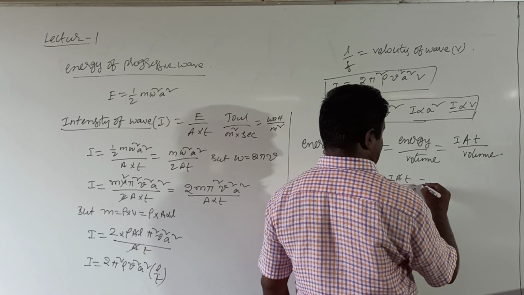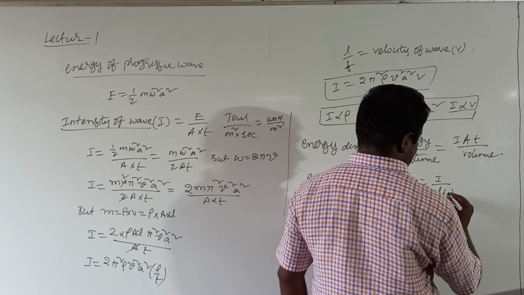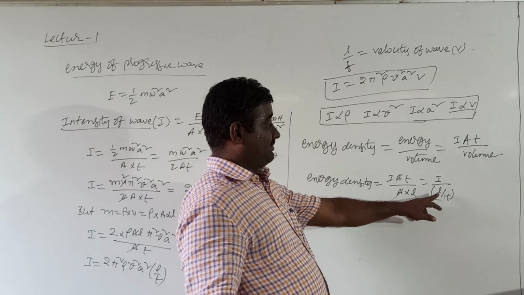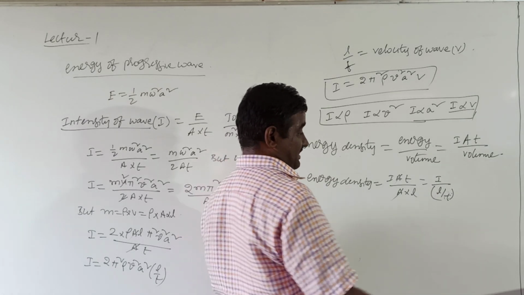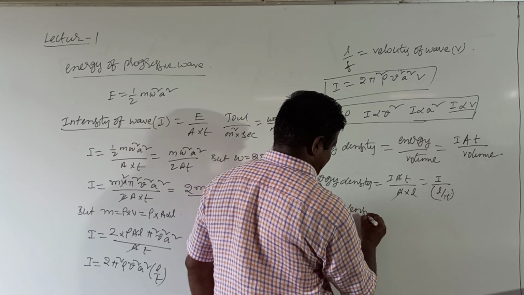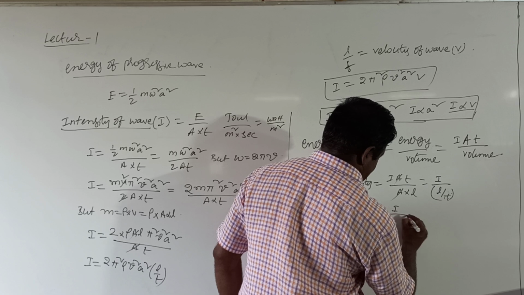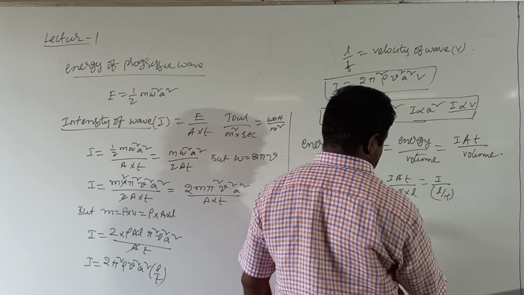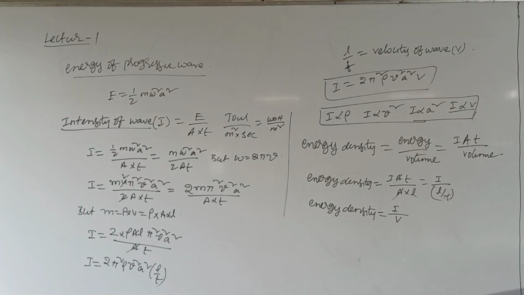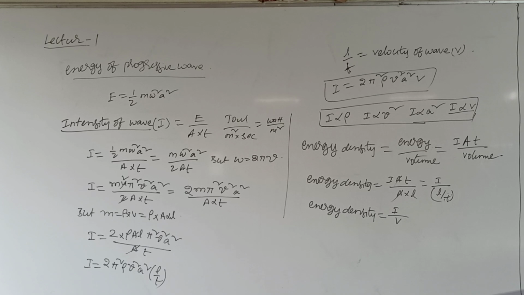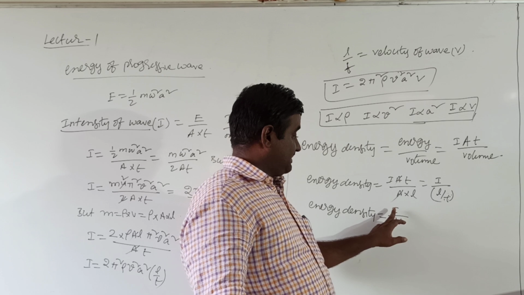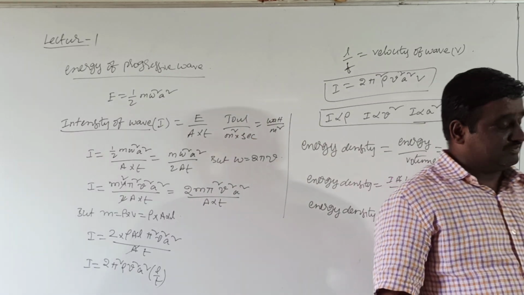Area gets cancelled, then I into t by L. L by t is nothing but the distance traveled by the wave per unit time, which is called velocity. Then energy density equals intensity by velocity of the wave.